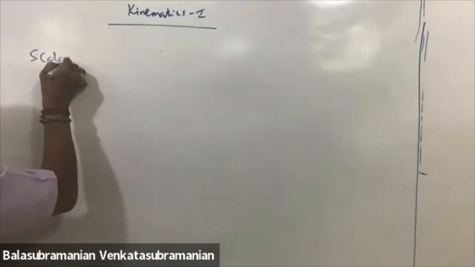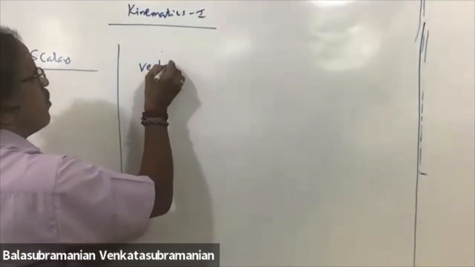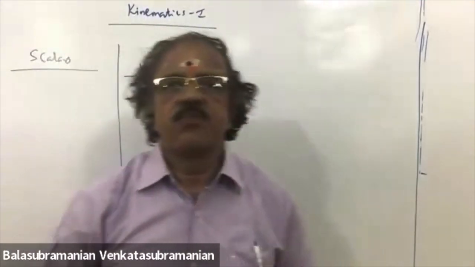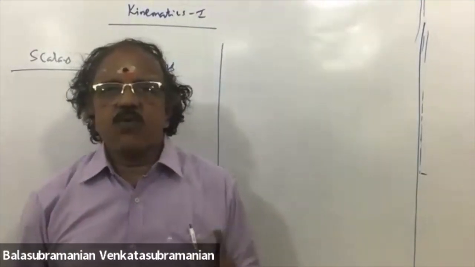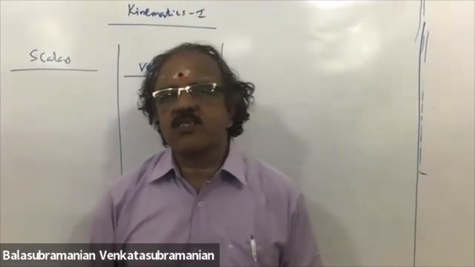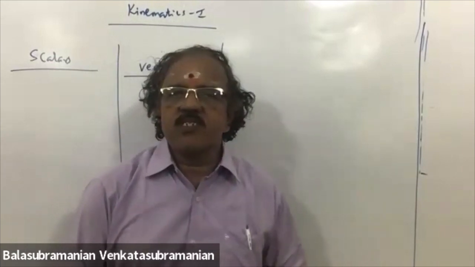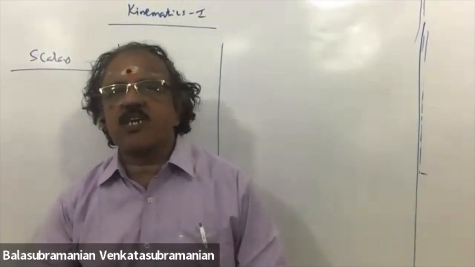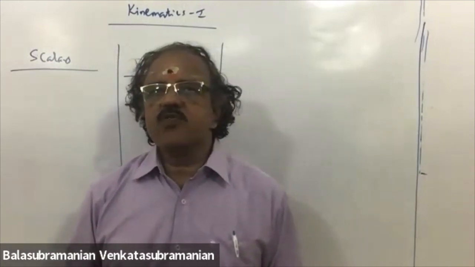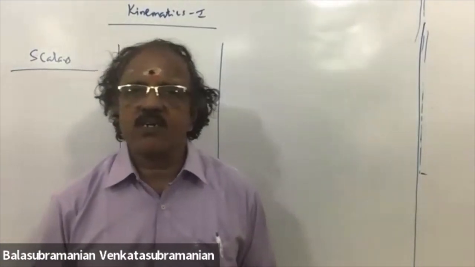Scalars and vectors. Physical quantities that possess only magnitude are called scalars. Physical quantities which possess both magnitude and direction are called vectors.